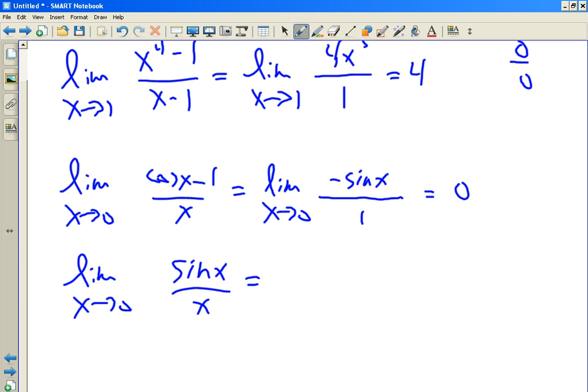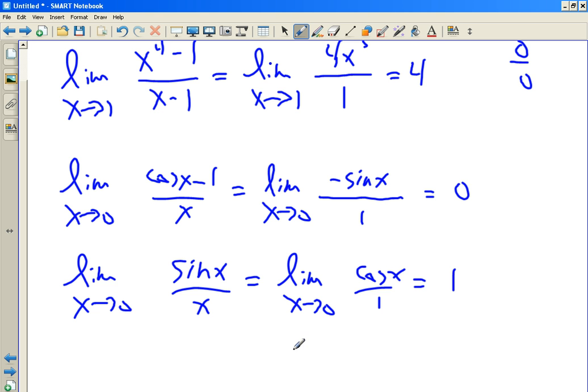Is that a 0 over 0 case? What do you think? If you plug in 0, do you get 0 over 0? Yeah, so the derivative of the top is cosine, derivative of the bottom is 1. So plug in 0, and what do you got? Cosine of 0 is 1. And this is another sandwich theorem problem we got 1 from way back when.